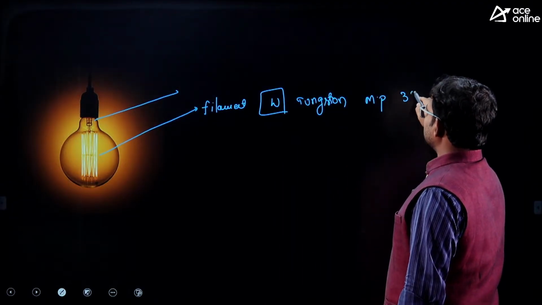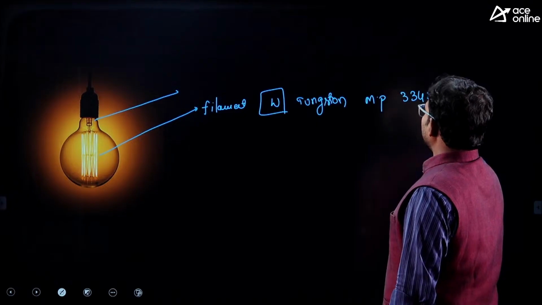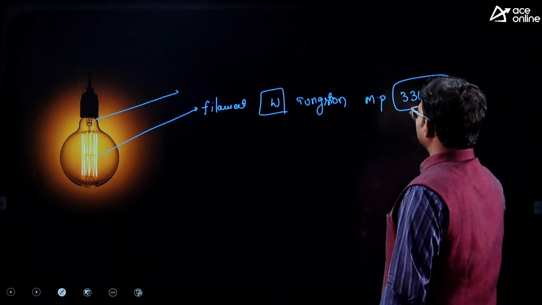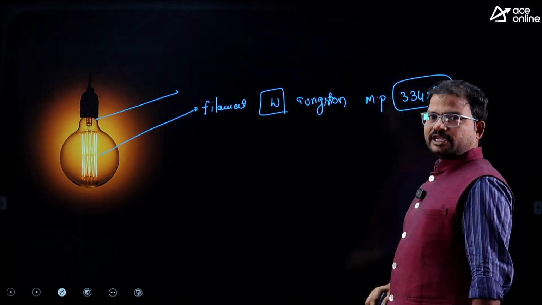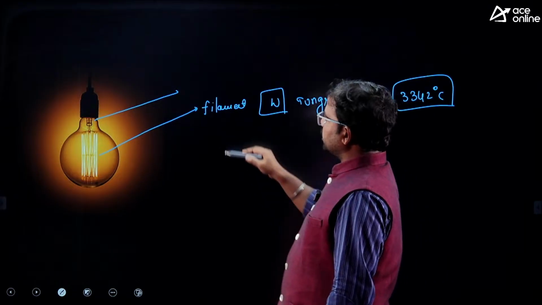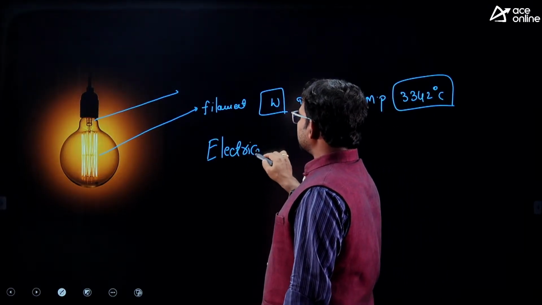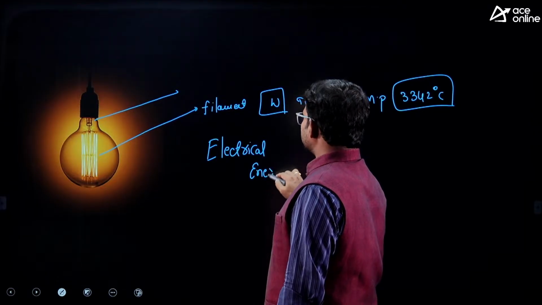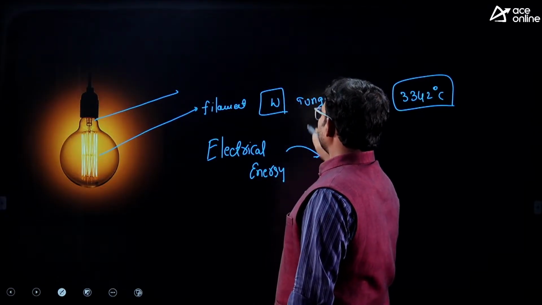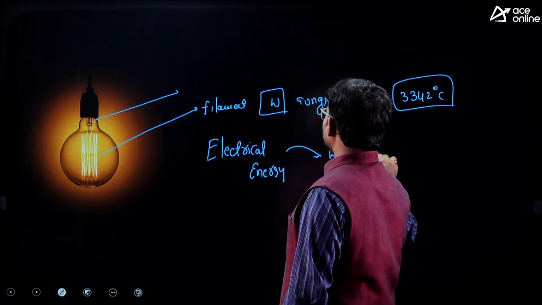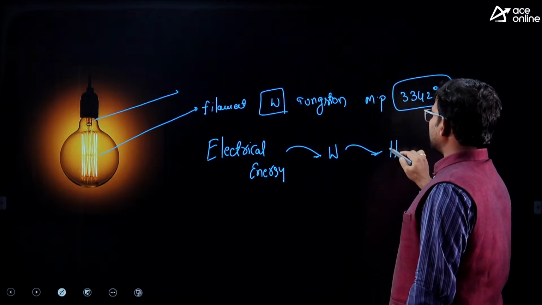3342 degrees centigrade. This much melting point it has. So when electrical energy is passed through this type of wire, mostly tungsten, it can be converted into heat energy.